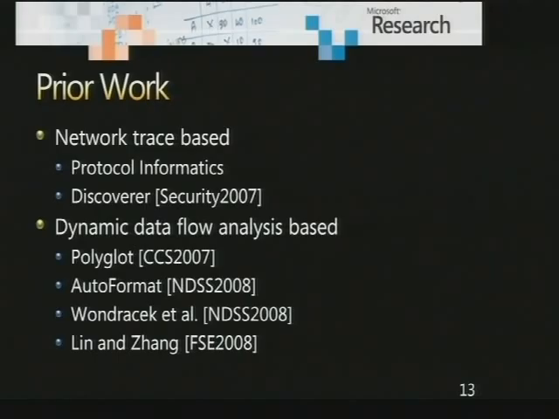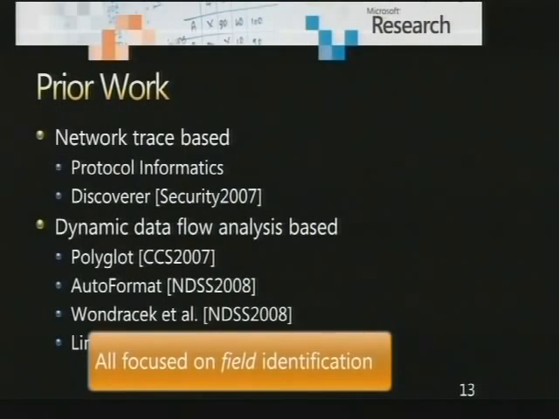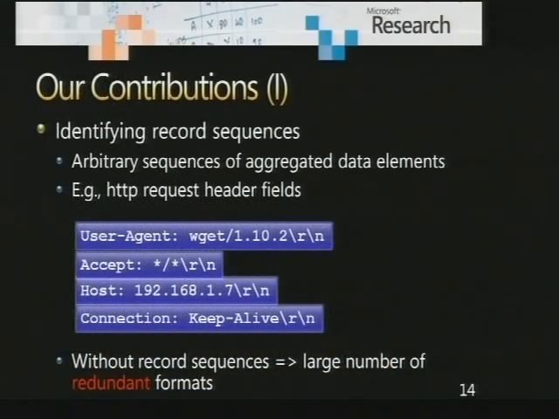Another line of research uses dynamic data flow analysis, like AutoFormat and the work from Zhiqiang, who did this FSE paper. So there is a lot of related work here. But all of this work basically focused on field identification. In Tupni, our main contribution is that we try to identify record sequences.